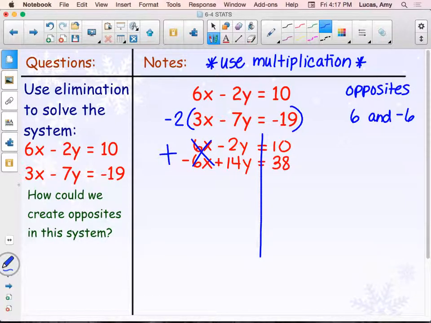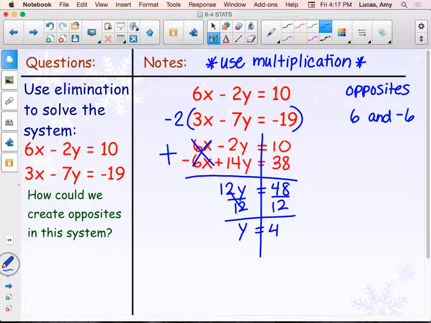Remember, the reason that this is okay is because we're multiplying both sides of the equation by negative 2. So whatever I do to one side, I have to do to the other side to preserve that equality. Now I add together my system and I get 12y equals 48. 48 divided by 12 gives me a nice number, y equals 4.